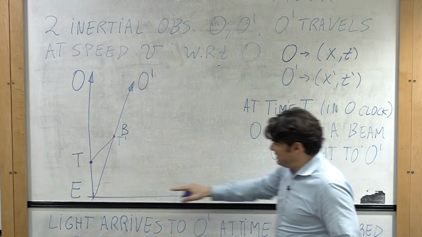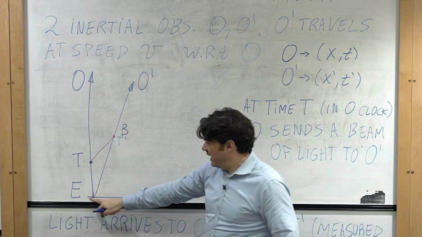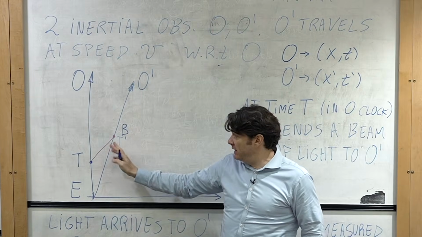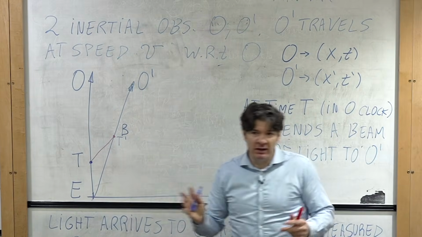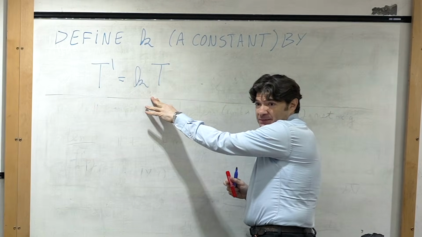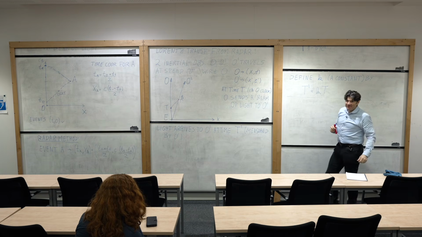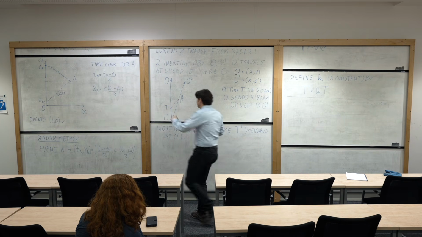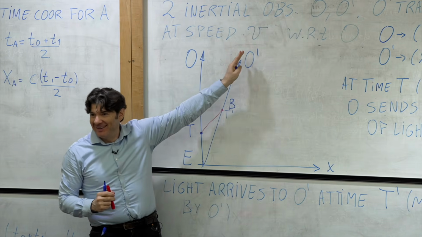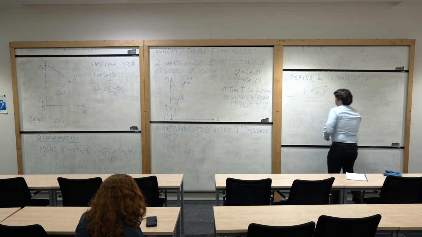Because this is a straight line, and this is also a straight line, and this point corresponds to T equals T prime equals 0, then the relation between T and T prime has to be a linear relation like this. That's just basic geometry. Let's say that you increase T by twice, T prime would also increase by twice, so they are proportional. Beautiful.